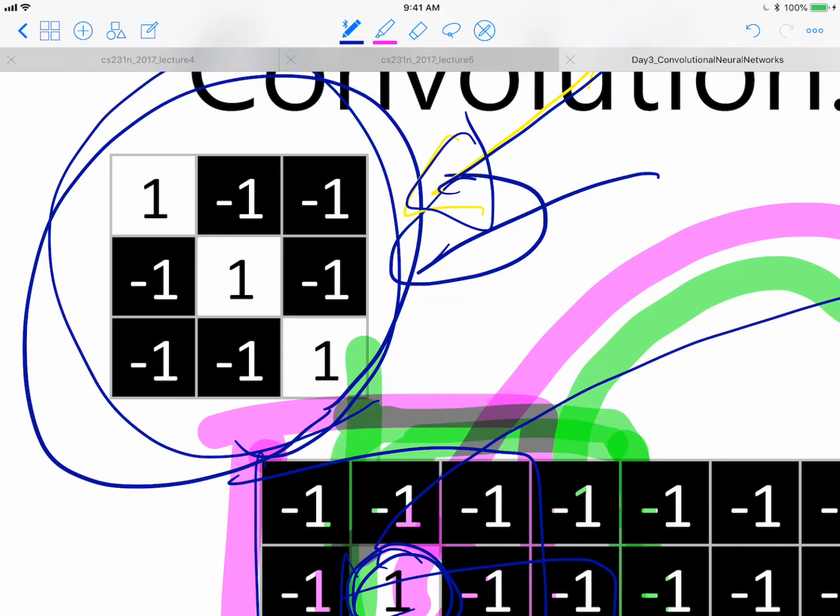So if the regions are all bright, and we have approximately all ones in all these 9 different locations, then the activation value will be negative. So we can manipulate our filter coefficients so that we penalize all the bright regions or the dark regions and so on. Okay. Any other questions?